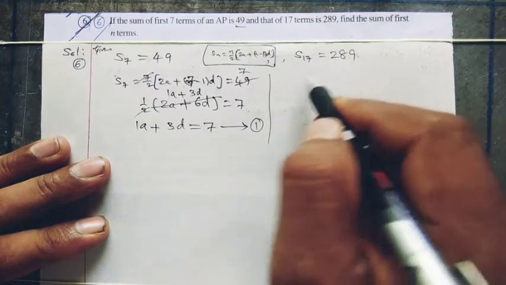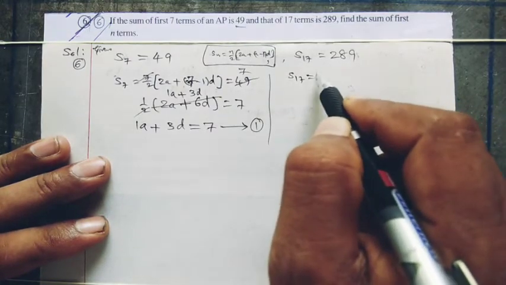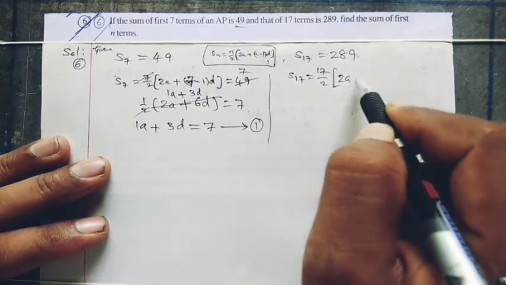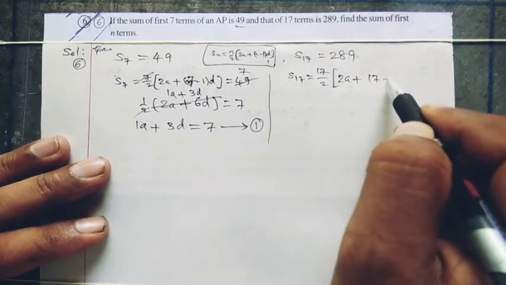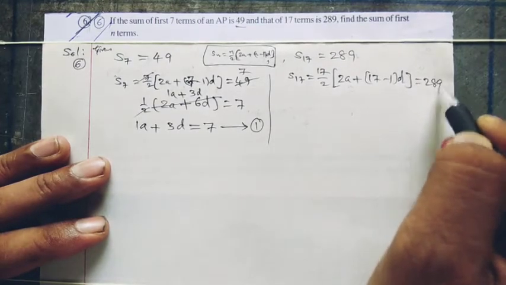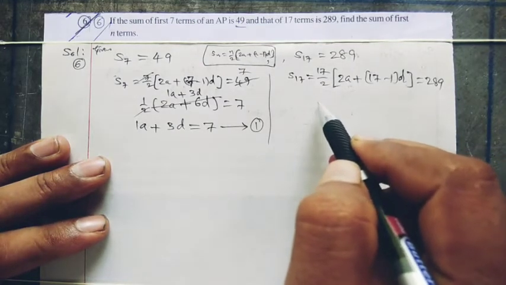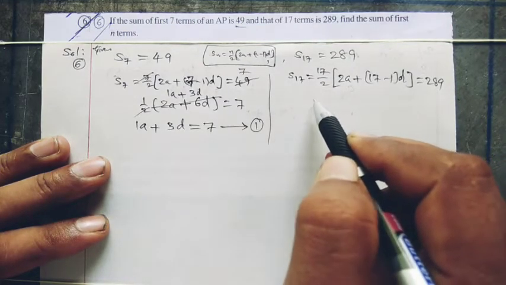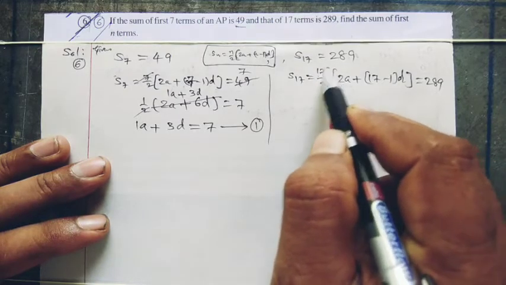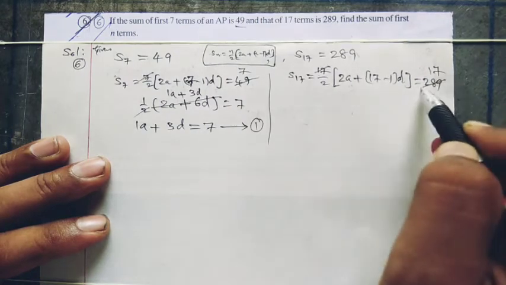Next, S17 is equal to 17 by 2 into (2a plus (17 minus 1) into d) is equal to 289. 17 ones are 17, 17 seventeens are 289.